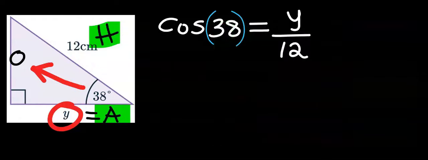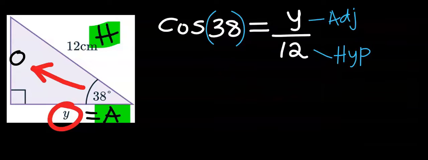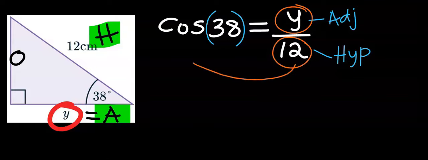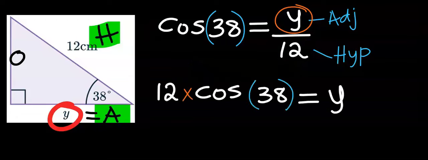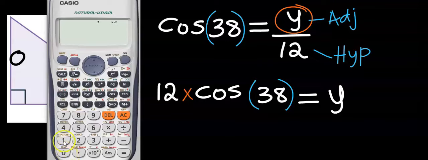Next, we're going to substitute. Our cosine angle is 38. Next, we're going to isolate y, and 12 will move to multiply. Next, let's find the value of y. 12 multiply the cosine of 38.